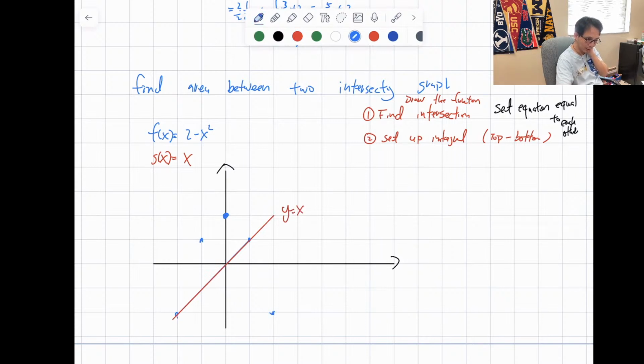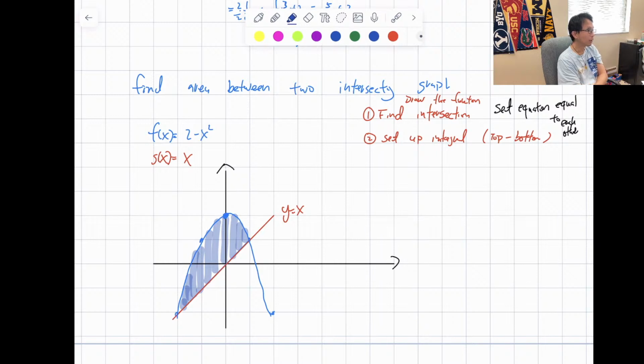And this is the region I'm looking for. Does that make sense?